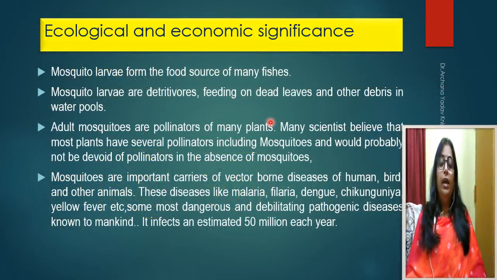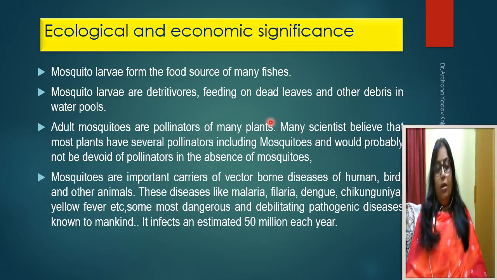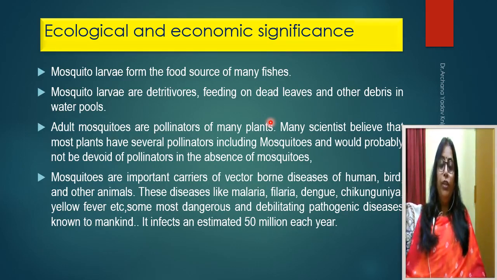Now, what is the economic significance and ecological significance of mosquito? Mosquito larvae basically form a food source for many fishes, and the larvae are detritivorous, which feed on dead leaves and other debris in water pools.